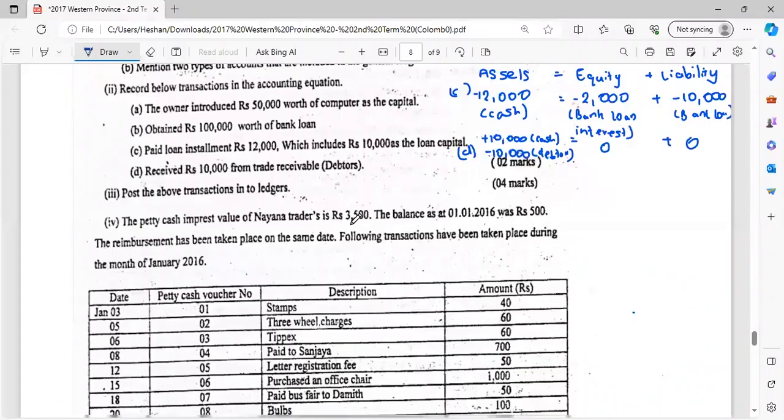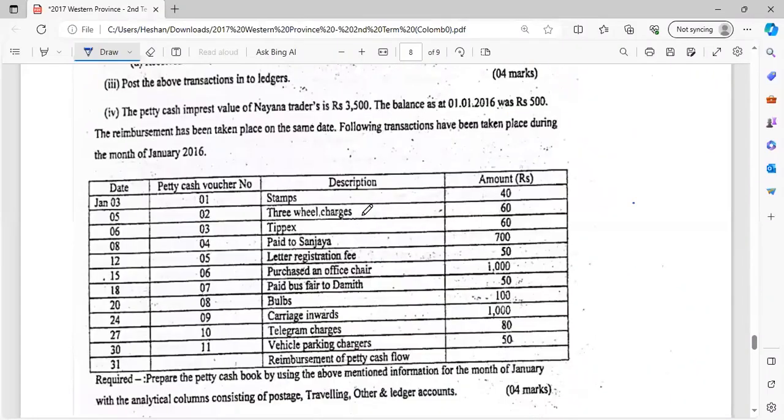Now this is about a petty cash book. Next one: prepare a petty cash book. The petty cash imprest value of Nayana Traders is rupees 3,500. The balance as at 1st January 2016 was rupees 500.